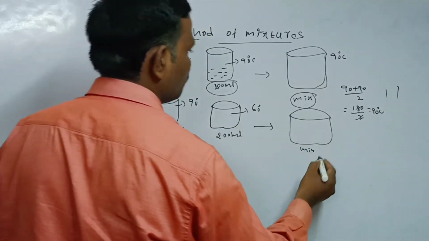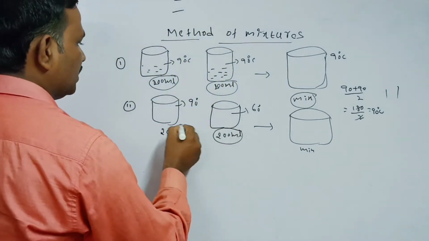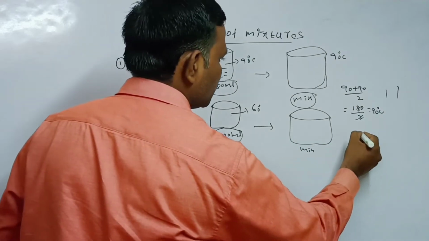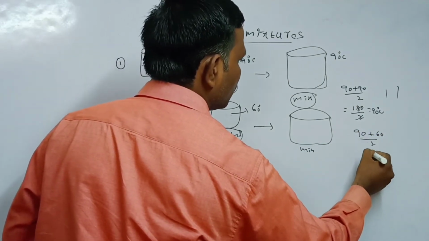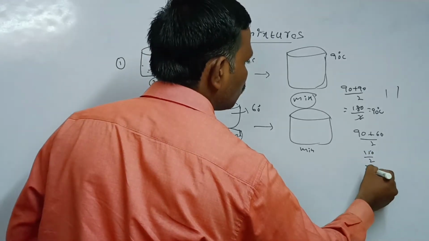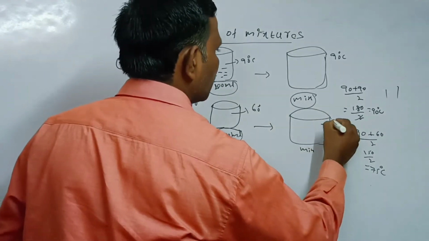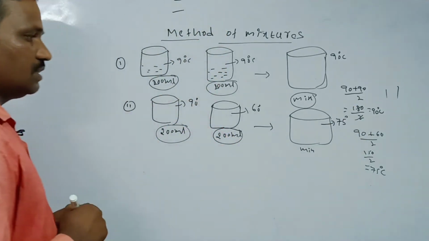Then the temperature of the mixture will be the average because here also the volumes are equal. So take the average as the mixture temperature. 90 plus 60 by 2, that is equal to 150 by 2, that is equal to 75 degrees Celsius. So here the mixture temperature is 75 degrees Celsius.